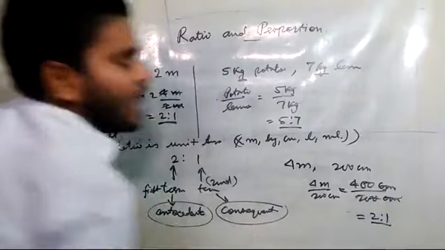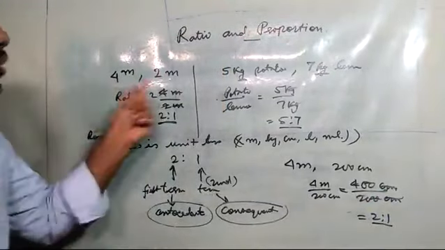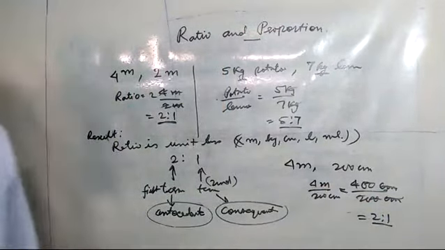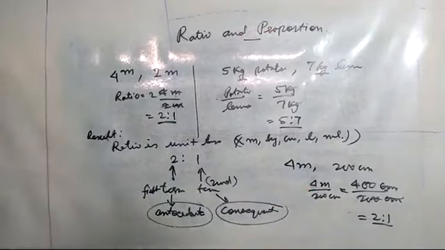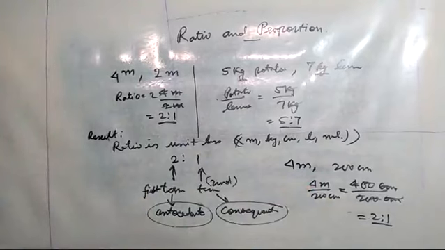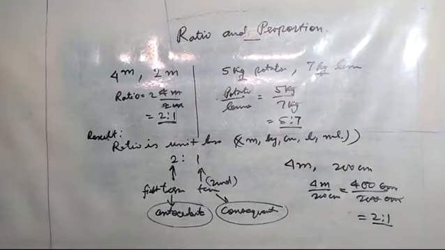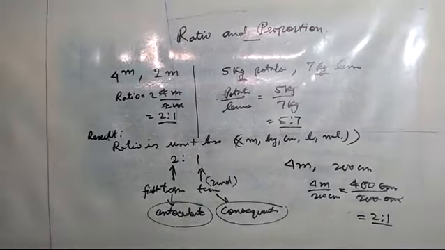That means we have to convert the given quantities into the same unit. If one is in meter and the second is in centimeter, we have to convert both of them into centimeter or both into meter. Then only we can compare.